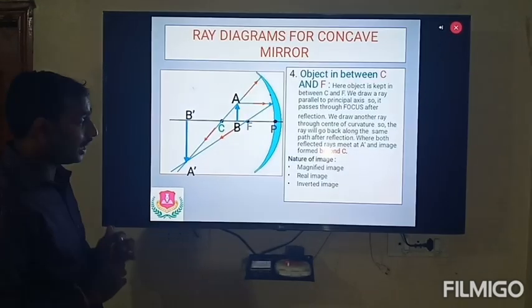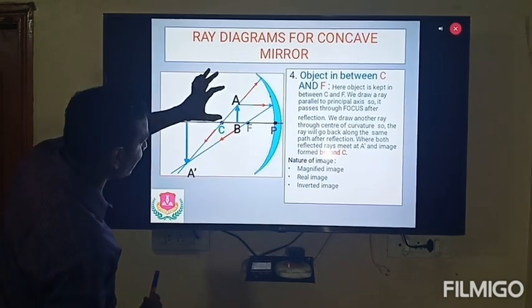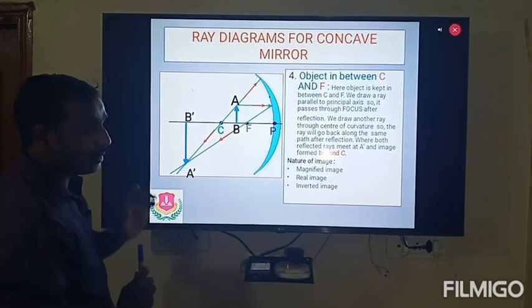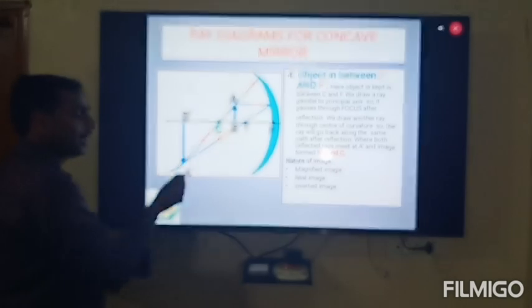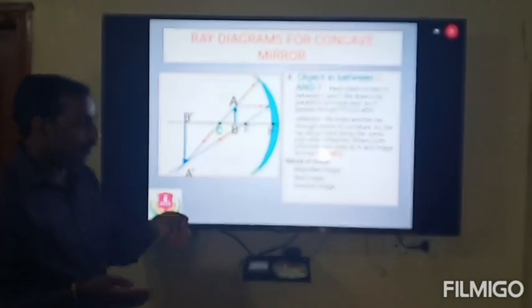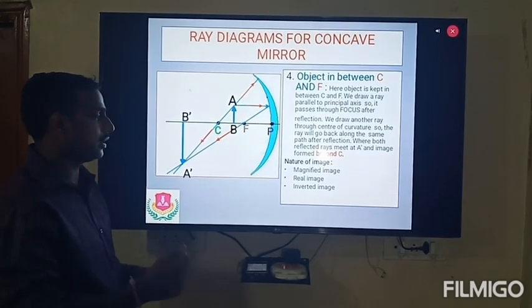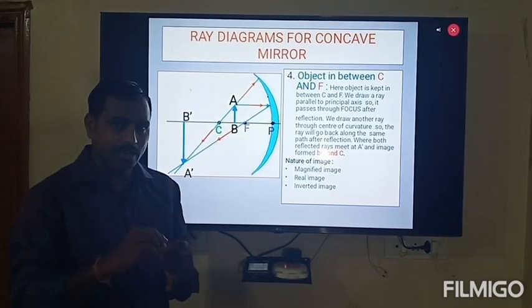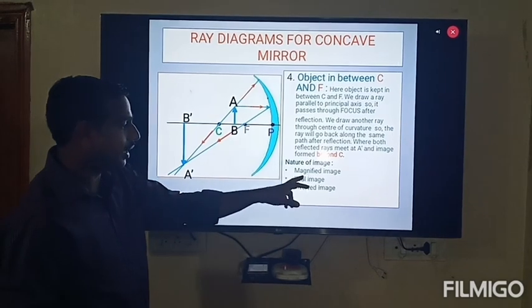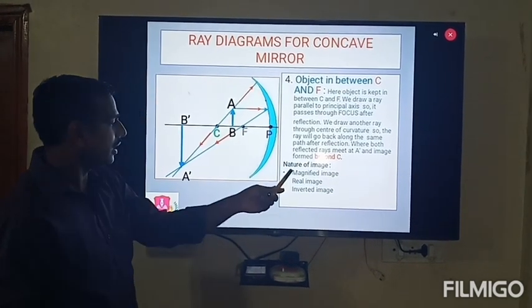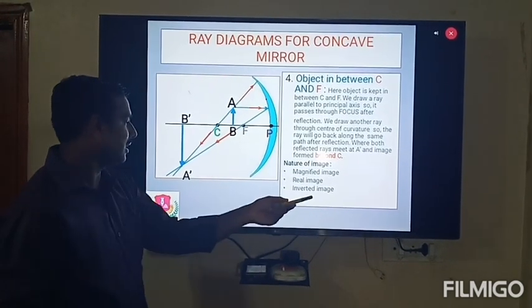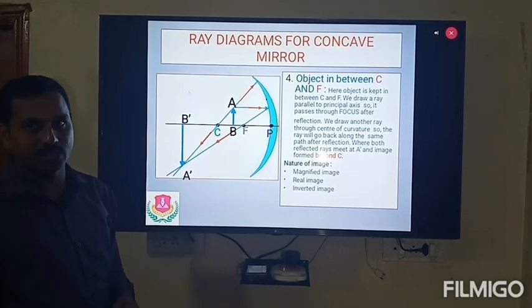If we observe carefully, object size is different from image size. Easily we can say the size is enlarged, means a magnified image is formed. In scientific terminology, an enlarged image we call a magnified image, and it is also a real image, and also an inverted image we are observing in this case also.